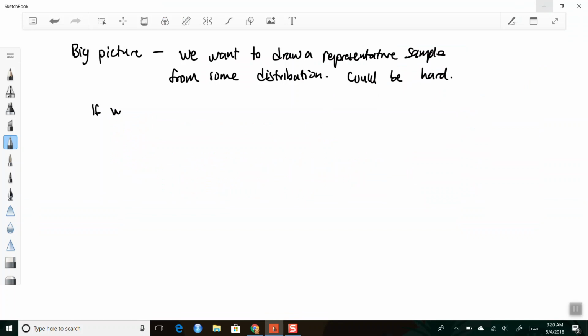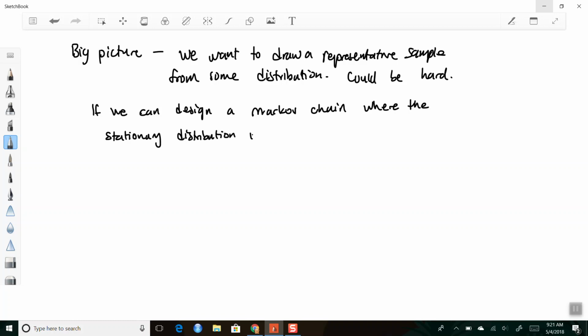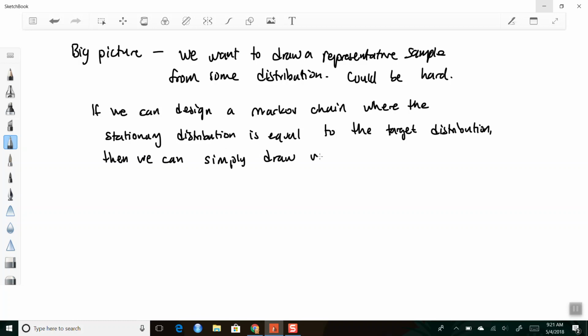If we can design a Markov chain whose stationary distribution is equal to the target distribution, then we can simply draw values according to the transition probabilities.